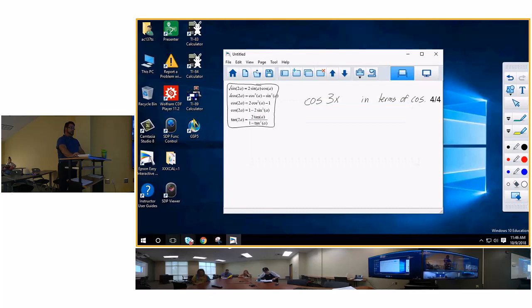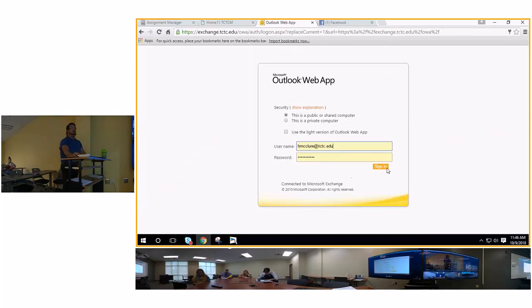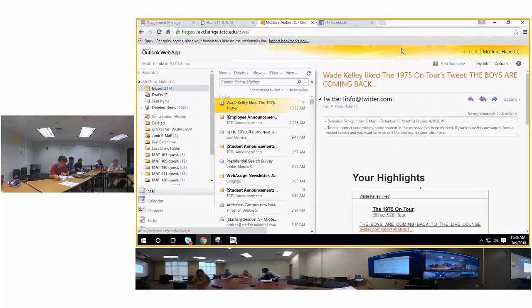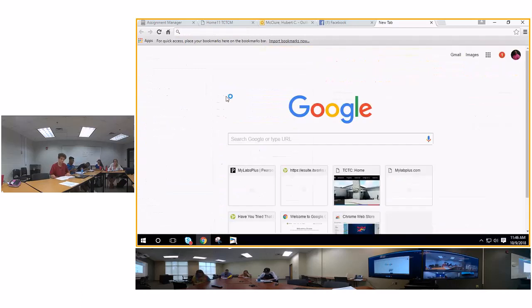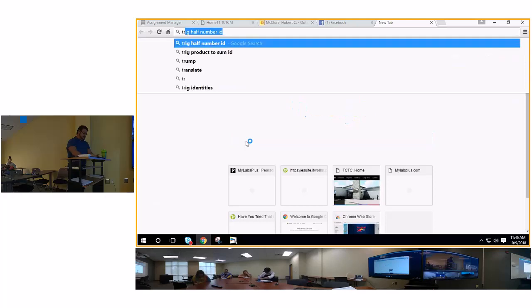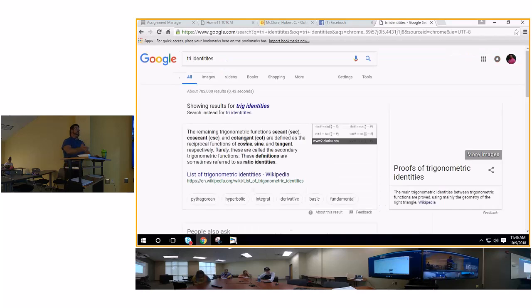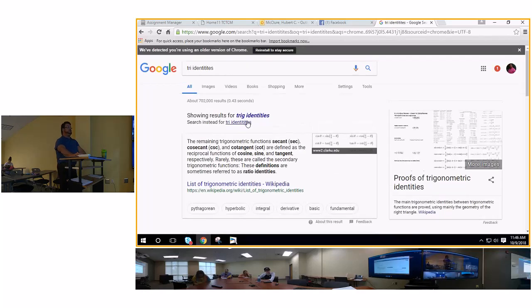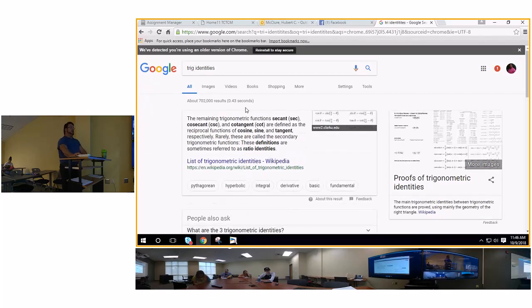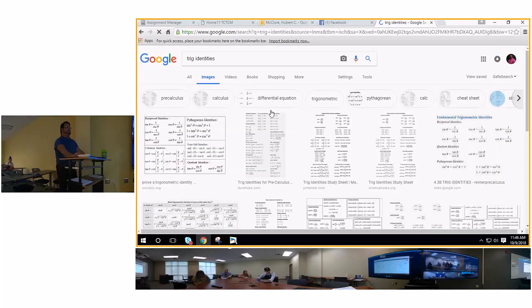And meanwhile, I'm going to pull up trig identities. Let's see how many clicks it does take. Okay, we have to type in those two words. That's a lot of work. And then images. That's the second button I clicked.